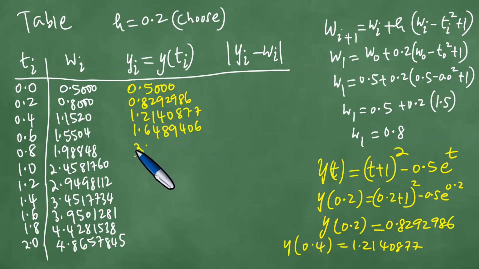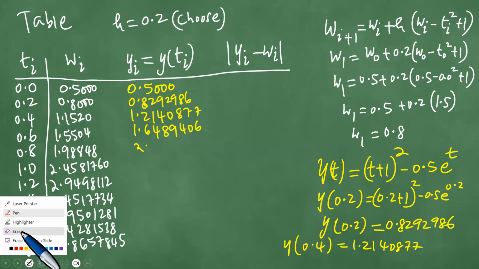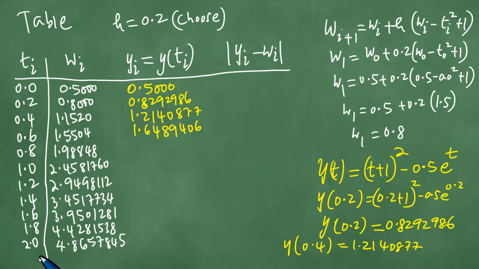You have 2 point. Here you have 2.1272295. And then here we have 2.6408591.